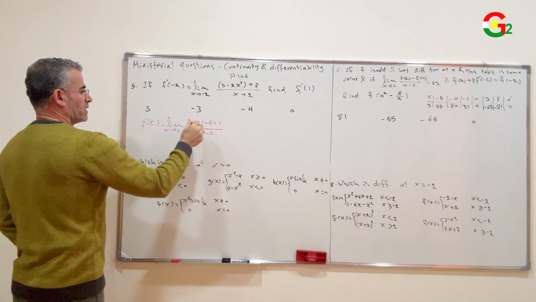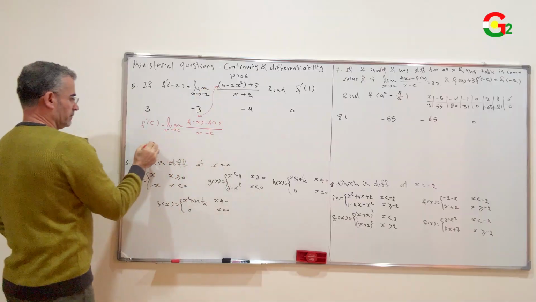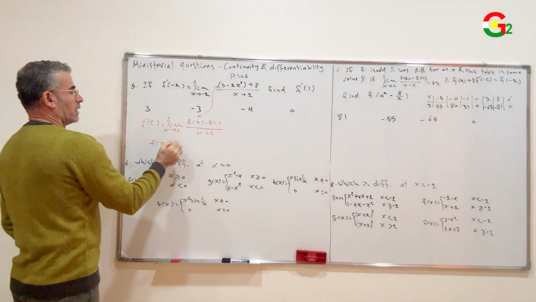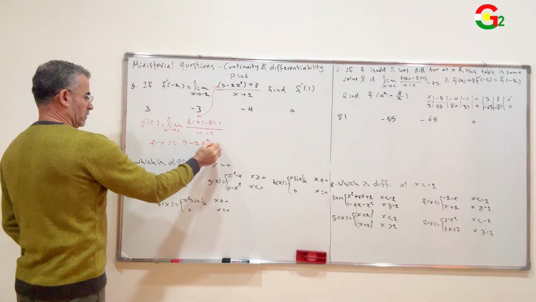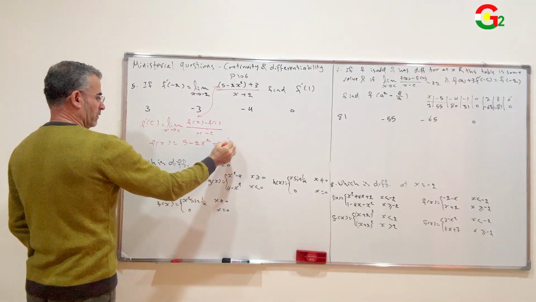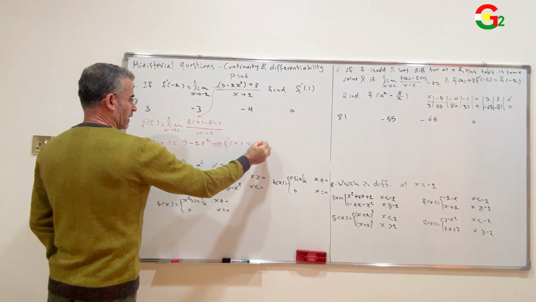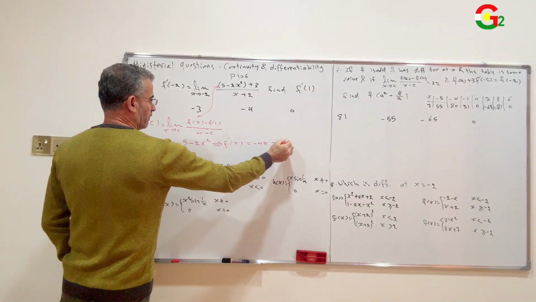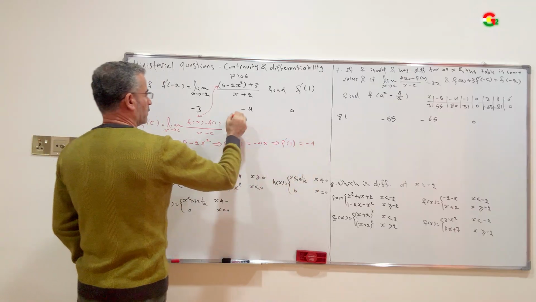Therefore, f of x is 5 minus 2x squared. Then the derivative of this function equals negative 4x, and the derivative at 1 equals negative 4.